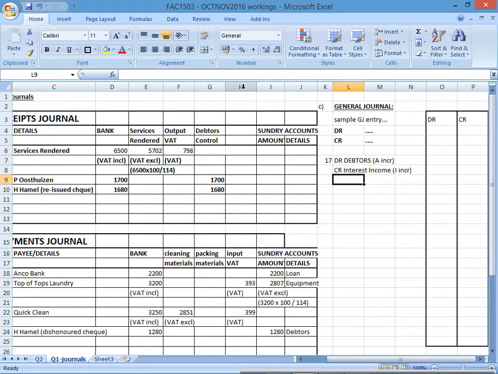What am I going to record? I'm going to record the difference. How much does this debtor owe? 1,280. So 1680 less 1280 gives me 400. Right? That's the amount that I'm going to record in the books of the business.